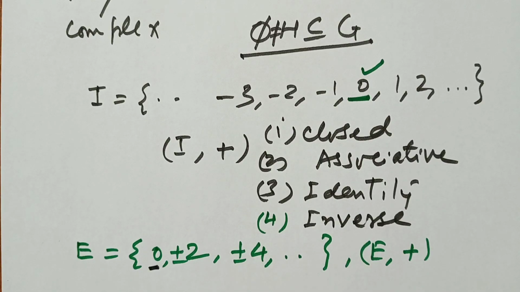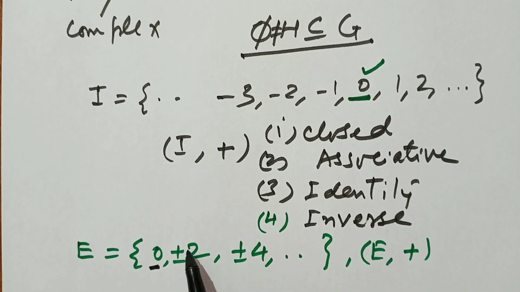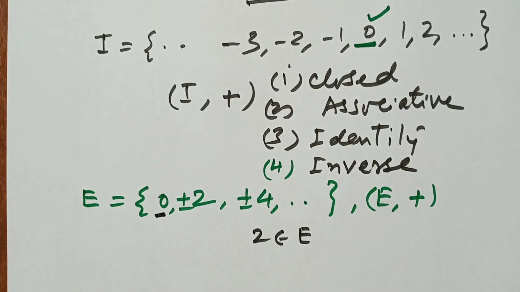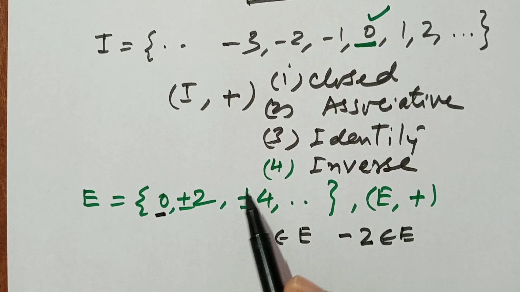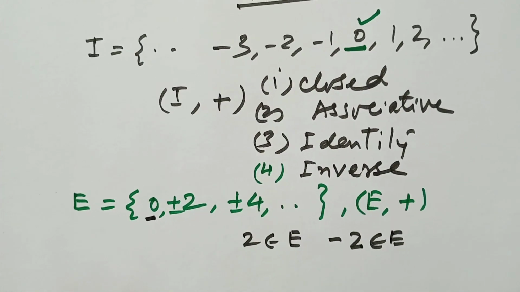Now the inverse law. Each element of E has its inverse. If you take 2 belonging to the even integers, what is the inverse with respect to addition? Minus 2, which is also in this set. If you take minus 4, then plus 4. So all elements have their inverse.